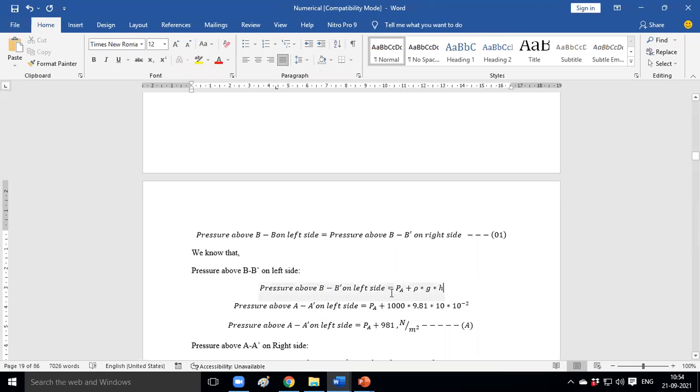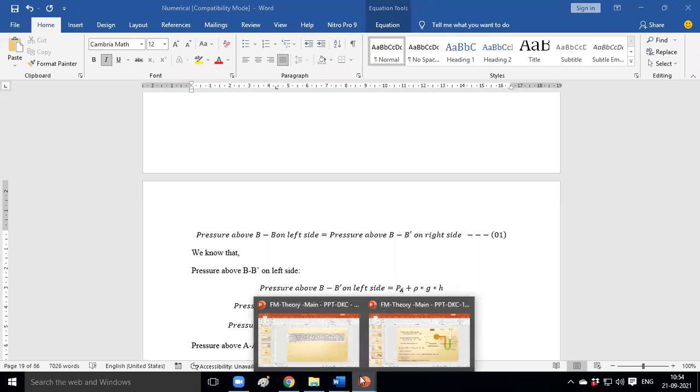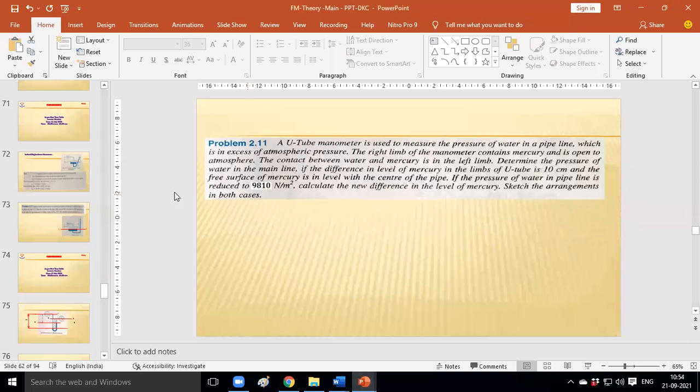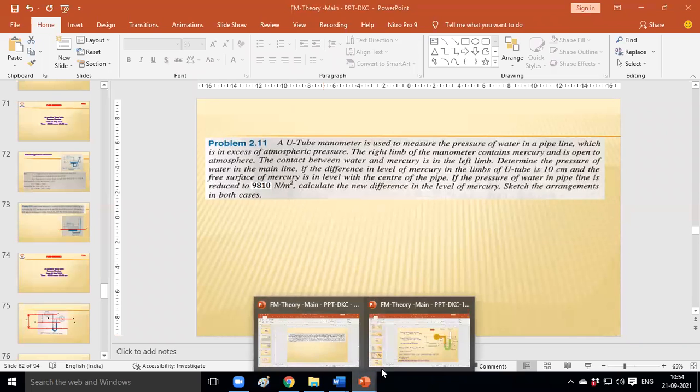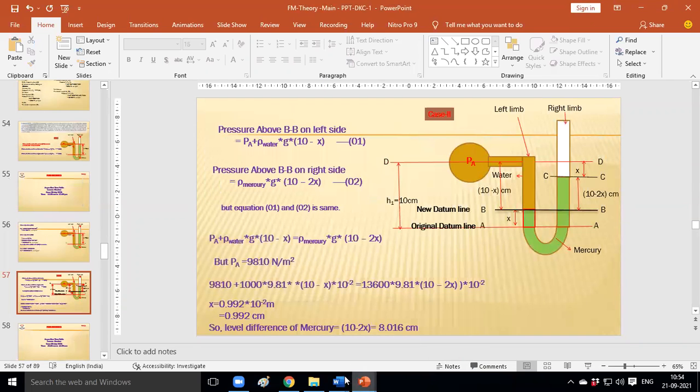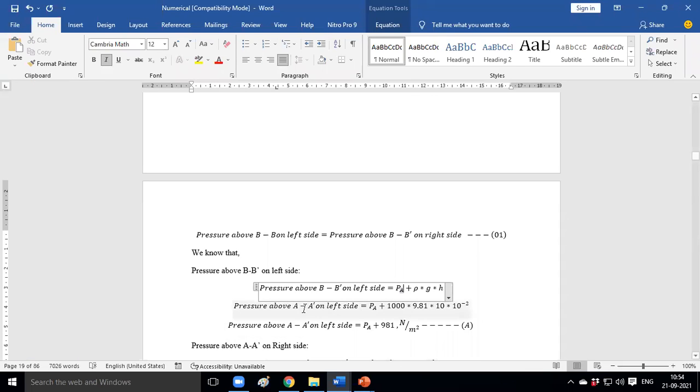What is the value of PA? In the second case, it is already mentioned in the numerical itself: 9810 Newton per meter squared. So we put the value of PA as 9810 plus, what is the value of rho? 1000.